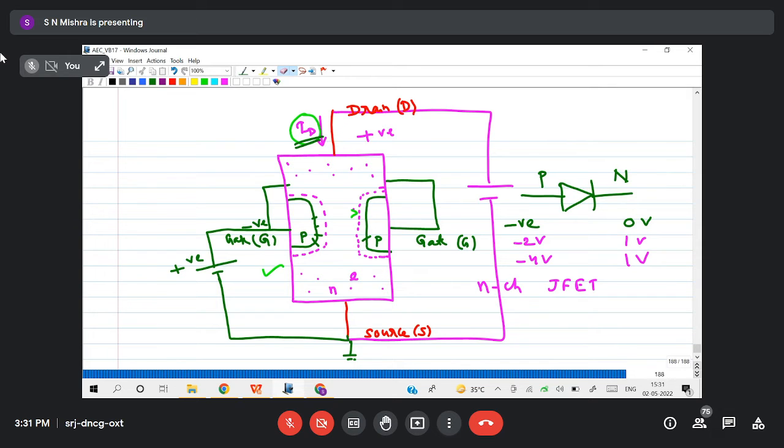When the PN junction is forward biased, what will happen to the depletion region? Will it increase or decrease? Increase. Depletion region decreases, sir. Depletion region decreases. Okay. So depletion region decreases means after a certain voltage, there will be no depletion region.